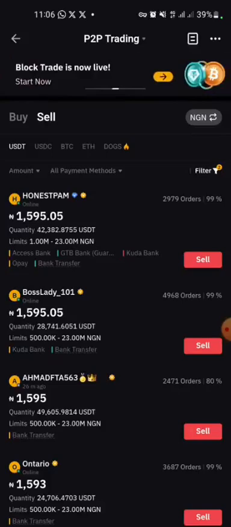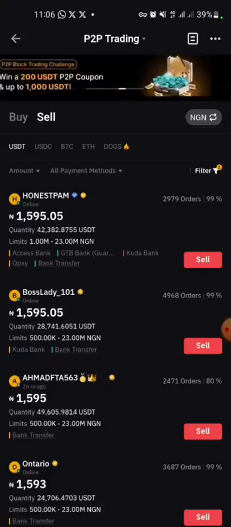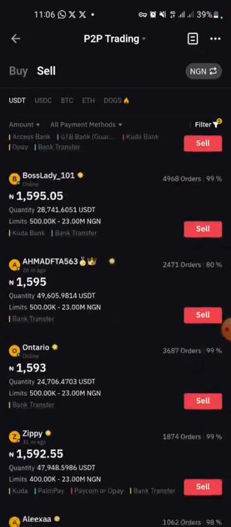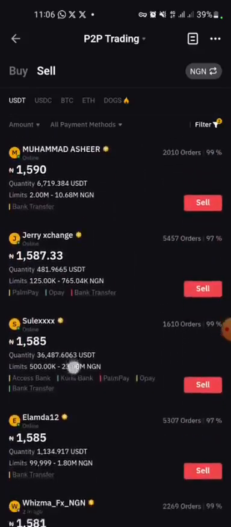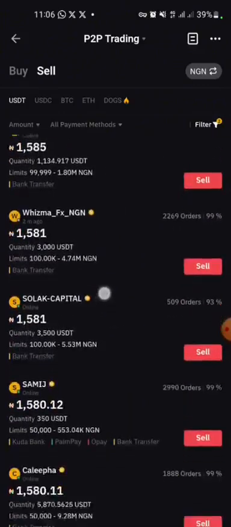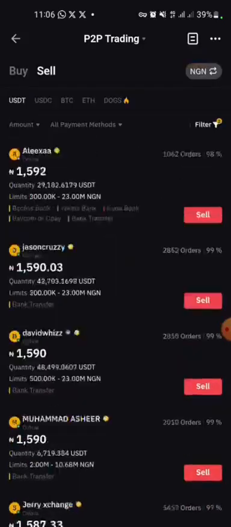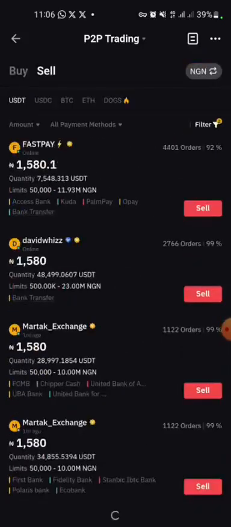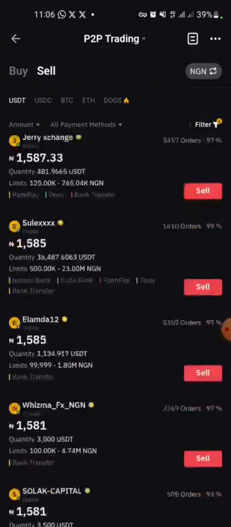They will like to entice you with a good exchange rate. Let's say the average exchange rate here is 1,500 and something, as you can see, 1,585, 581. So it's between 1,595 and like you can see 80. The price disparities are not much, right?